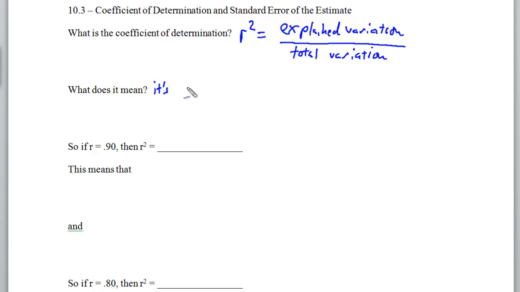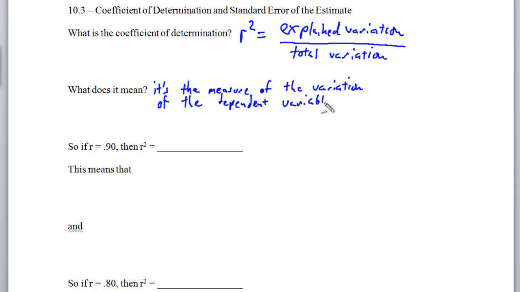It's the measure of the variation of the dependent variable that is explained by the independent variable.